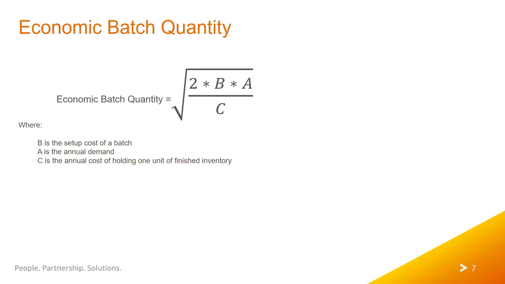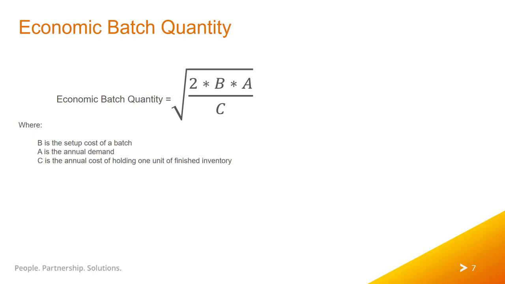There is, of course, a point at which a batch for manufacturing could not only be too big, but it could ultimately be too small. Unfortunately, there's a simple equation which can help us to calculate what the economic batch quantity should be. So if we're making widgets, how many should we make at a time?